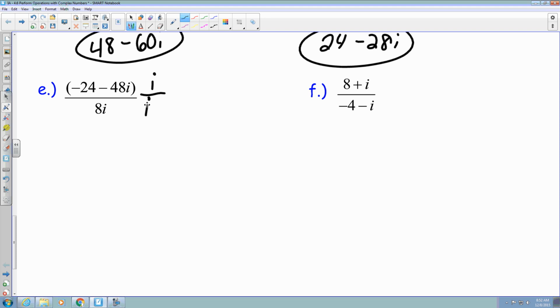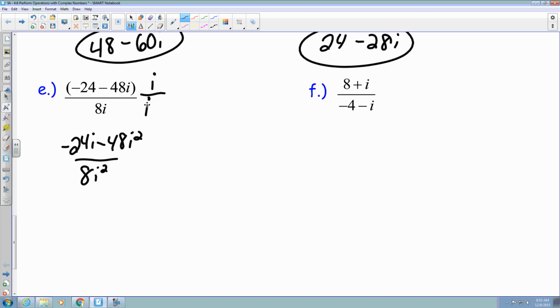The bottom gives us 8i times i, which is 8i squared. Then you distribute the i over the negative 24 minus 48i, so I get negative 24i minus 48i squared.